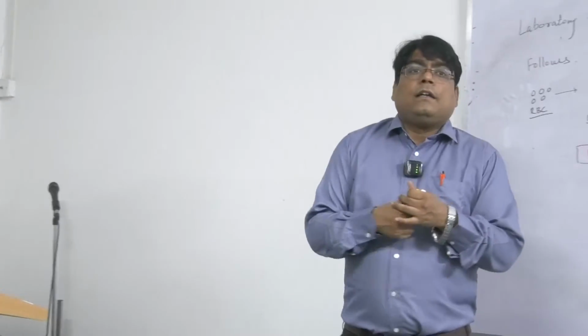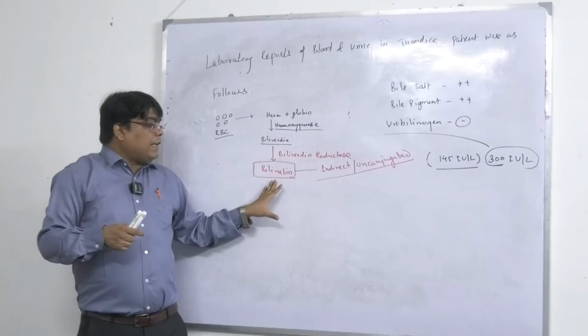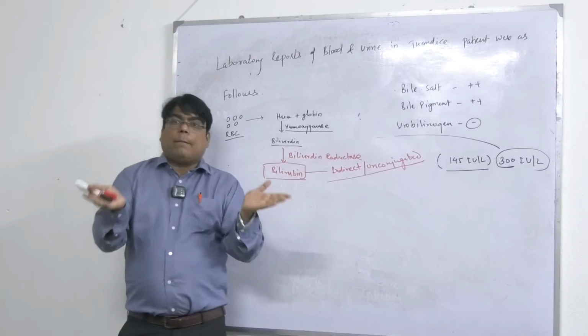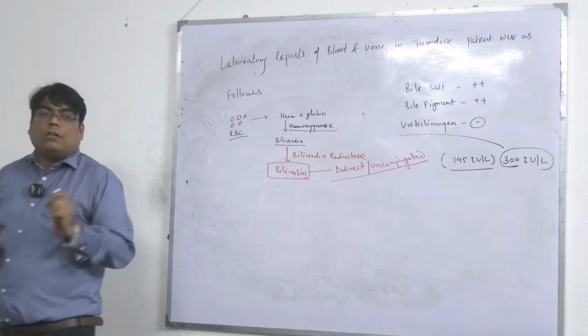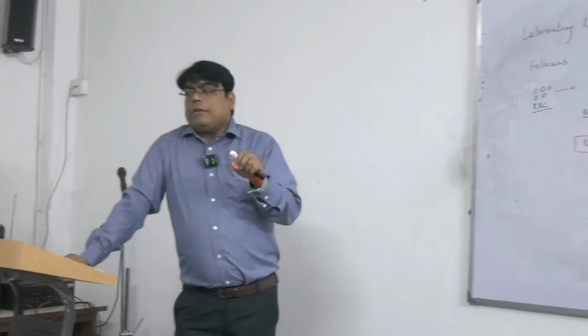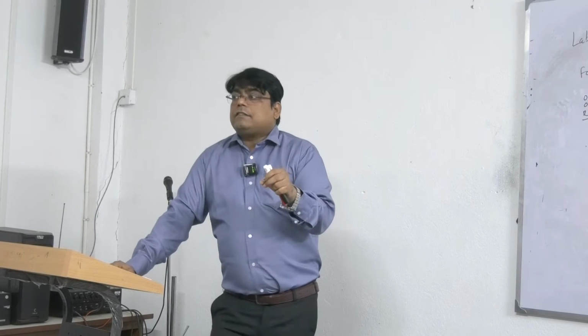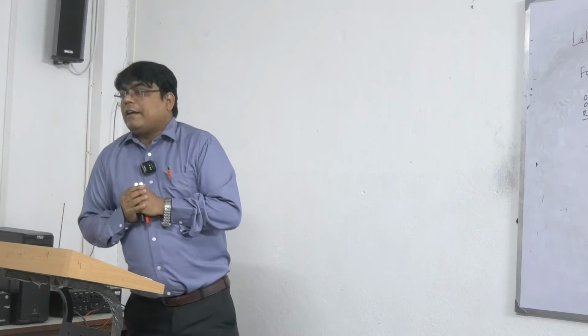Sometimes students answer that direct bilirubin is bilirubin combined with albumin. It is wrong, because anything in our body that cannot move alone is combined with protein for transport.